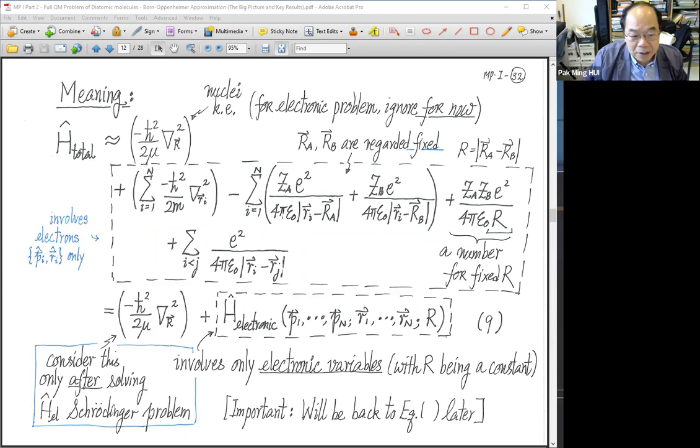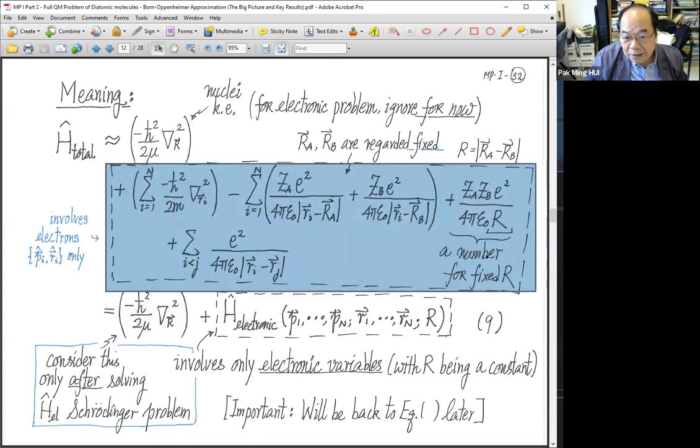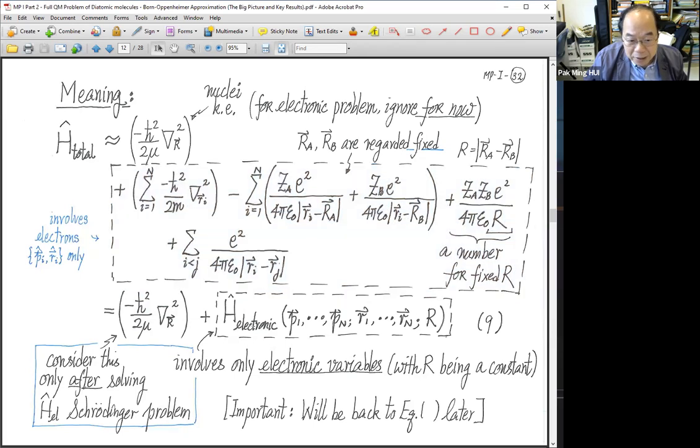All right. So now in simple terms, I have this kinetic energy of the nucleus. We are going to ignore it for the moment, and we will focus on this big box. Let's look at what this big box is. I call it the electronic part of the problem. It's the electrons' Schrödinger equation problem. What is it?